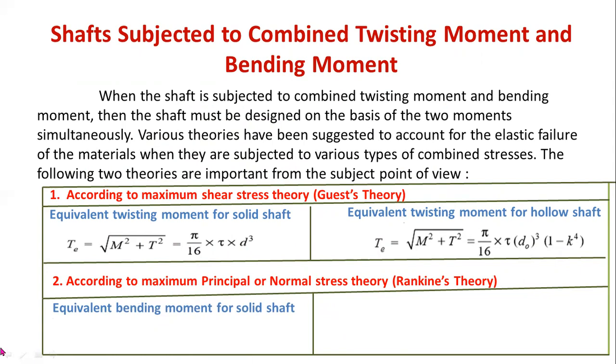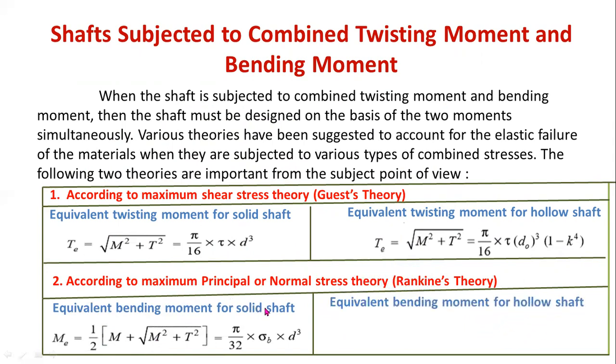Okay, this is the equivalent twisting moment, Te equal to square root of M square plus T square, and this is the equivalent twisting moment for a hollow shaft, square root of M square plus T square. This is according to the maximum principal or normal stress theory.